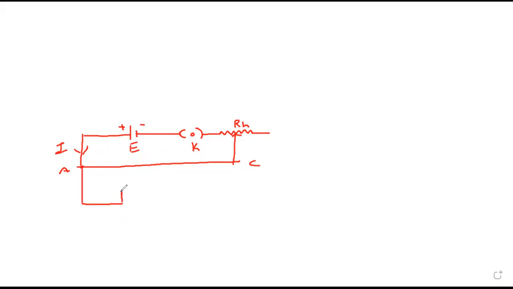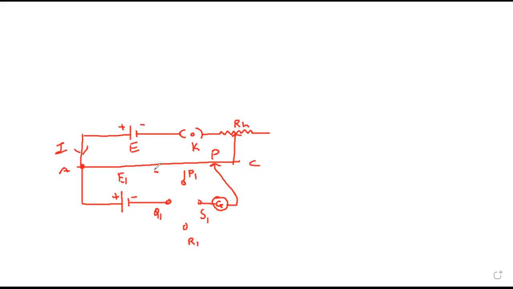Positive terminal of the battery of EMF E1 is connected to end A. Negative terminal is connected to terminal Q1 of reversing key P1 Q1 R1 S1. S1 is connected to one end of the galvanometer, the other end of the galvanometer is connected to the jockey, which can slide on wire AC.